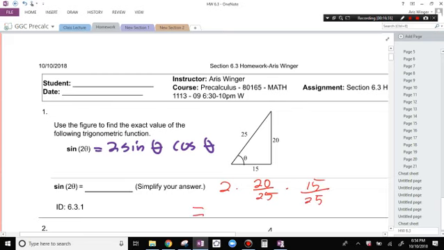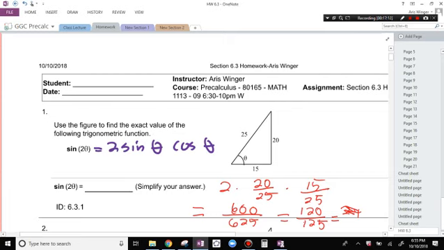And now this becomes an exercise in reducing 625, 600, 25 goes in that how many times? So then that's 120 over 125, right? 5 goes into 120.